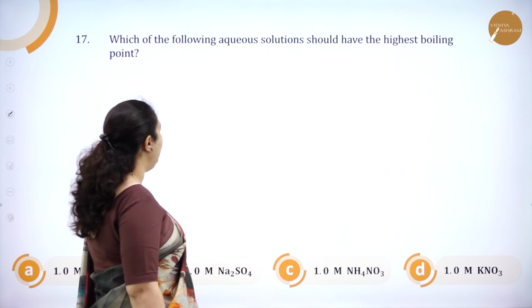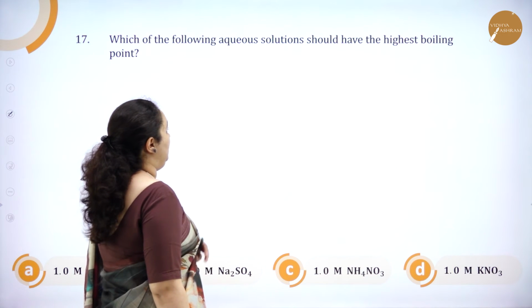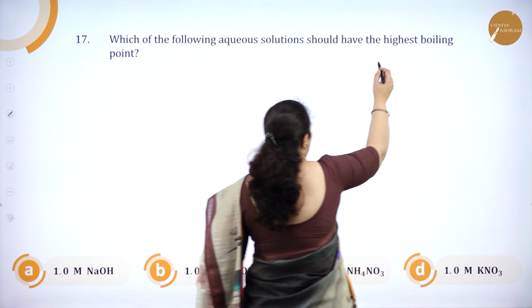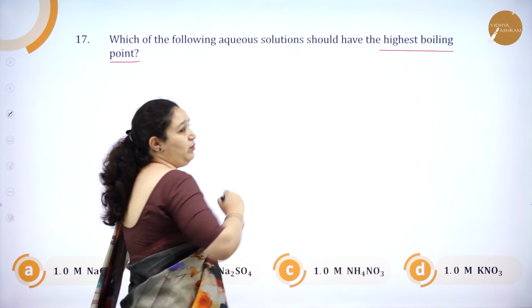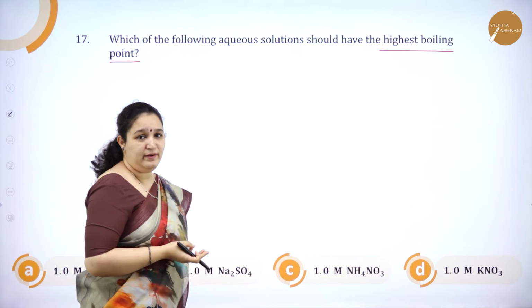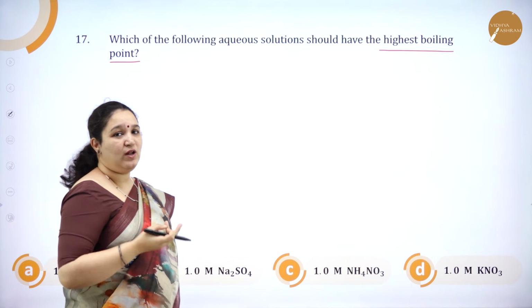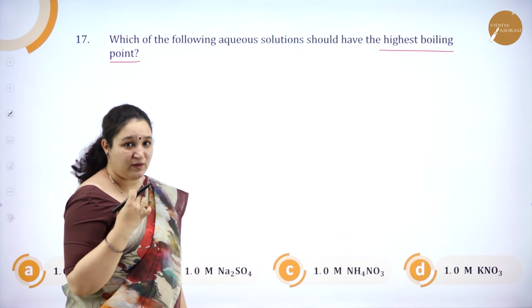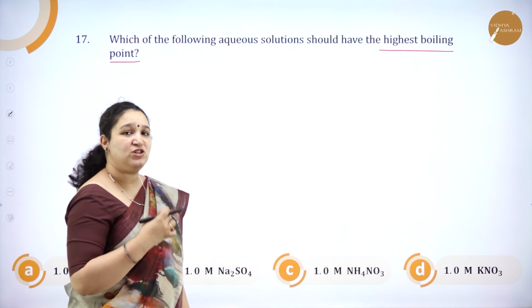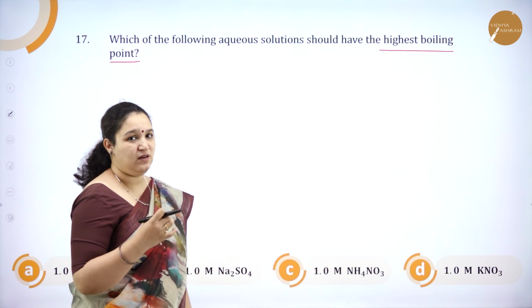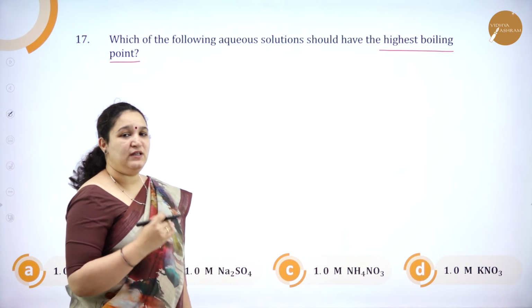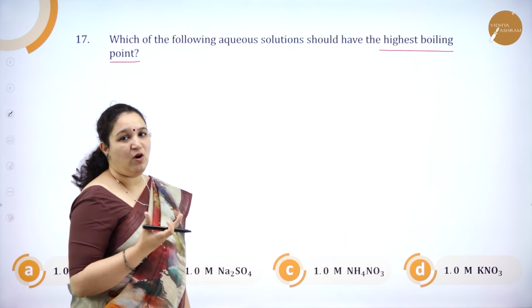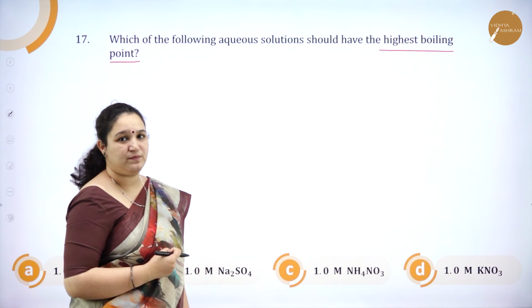But they are asking which has the highest boiling point. Elevation in boiling point is a colligative property. Colligative property depends on the number of solute particles.